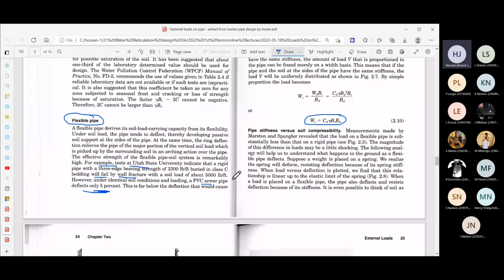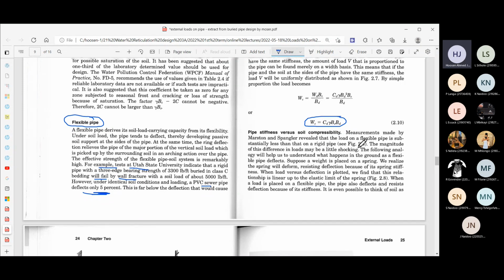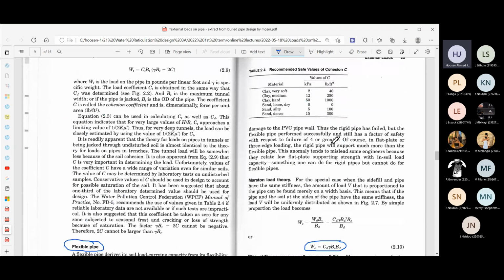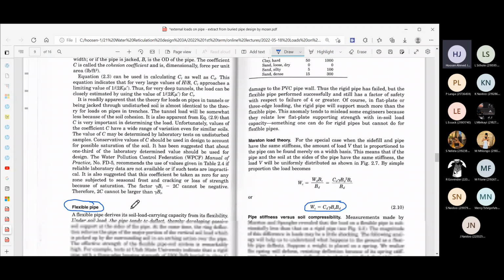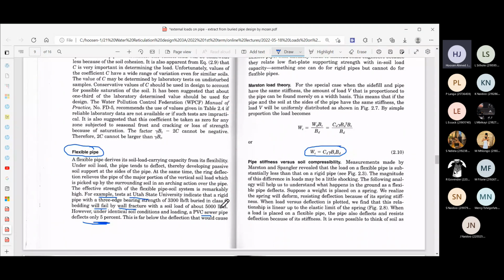But when they applied the same load to that PVC pipe, it deflected 5%, showed no distress, no fracture, and it was still fine at that point. It would actually fail at a load of 4 times that amount before it suffered any noticeable distress.